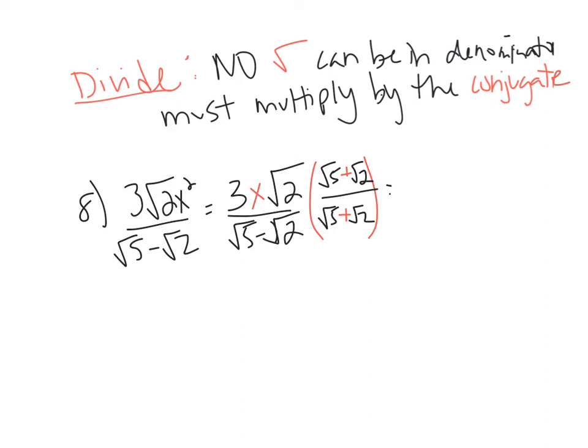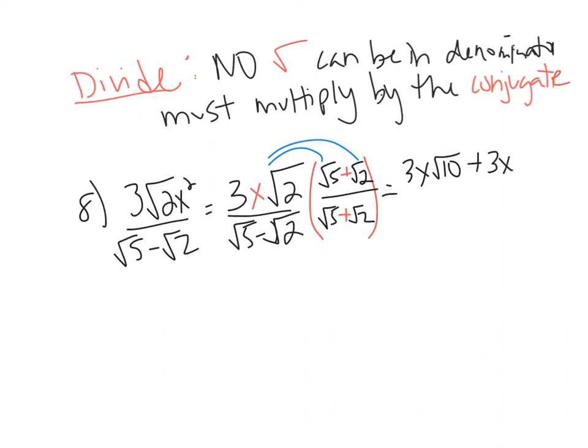So how do I go about that? For the top part, I'm going to just distribute. So if I distribute the numerator, I have 3x root 2 times root 5. So outside multiply, inside multiply. I got a 3x on the outside. Root 2 times root 5 is root 10. And then 3x root 2 times root 2.